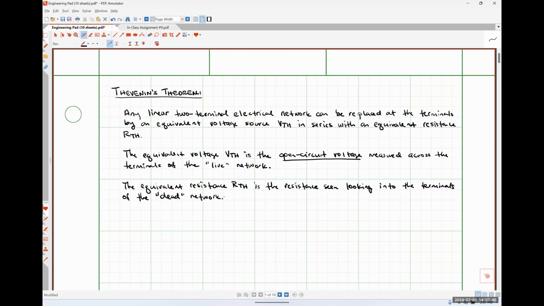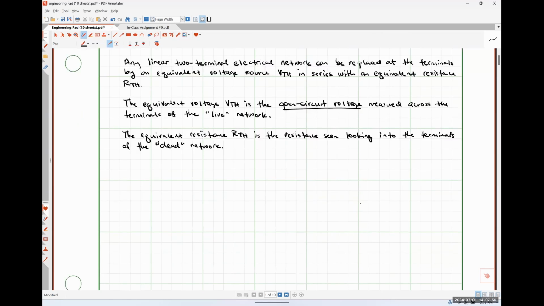So let's put Thevenin's theorem into practice by determining the Thevenin equivalent circuit for a particular network. Okay, and there are two different situations that we might have, and we'll talk about both of them here. Okay, so let's call this example number one.